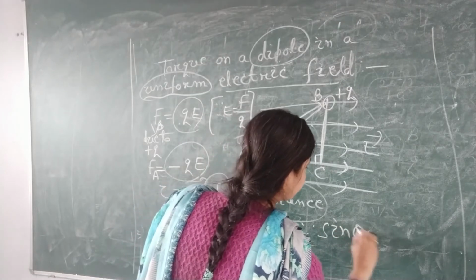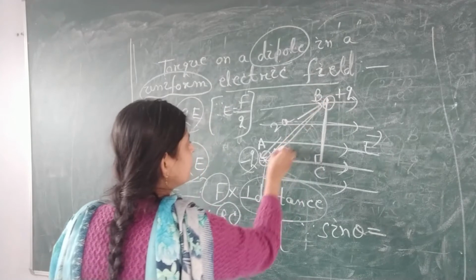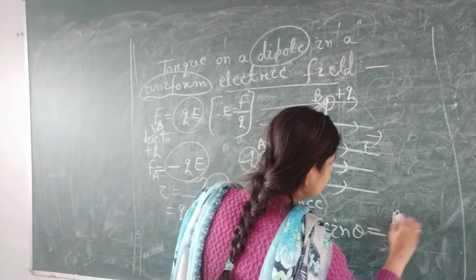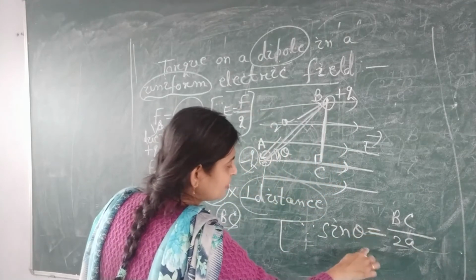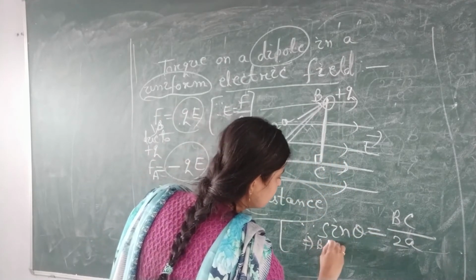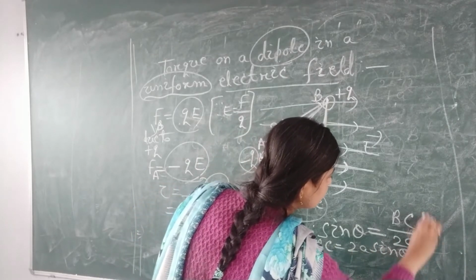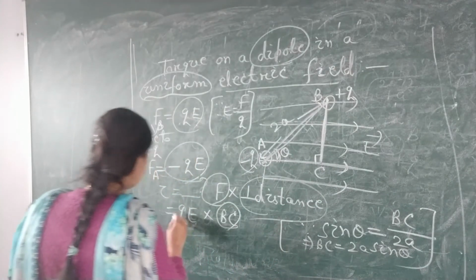Sin theta is equal to how much? BC divided by hypotenuse. Hypotenuse means AB. BC divided by 2A. If you cross multiply, then we can write BC is equal to 2A sin theta. Now put the value of BC here.